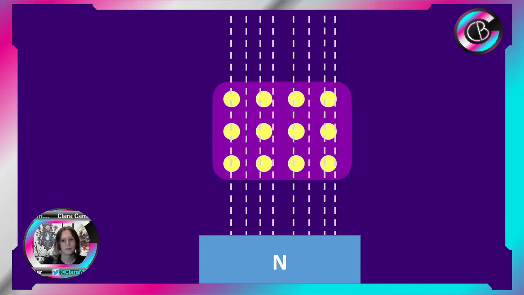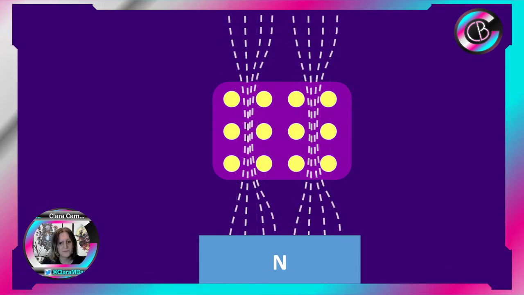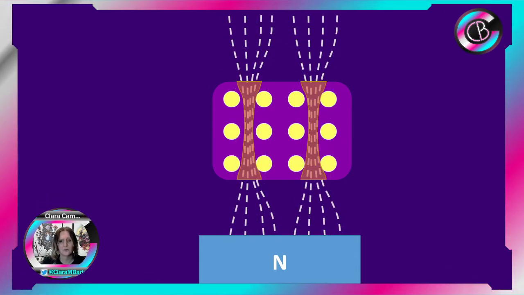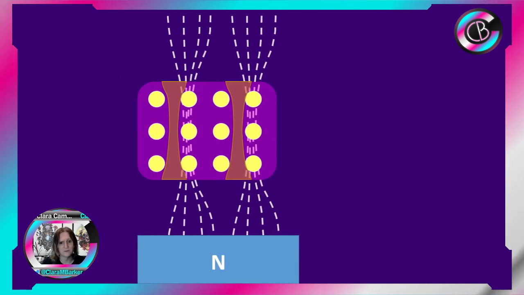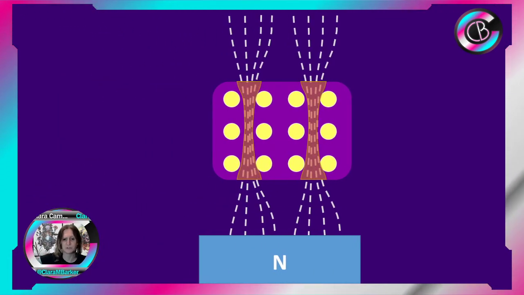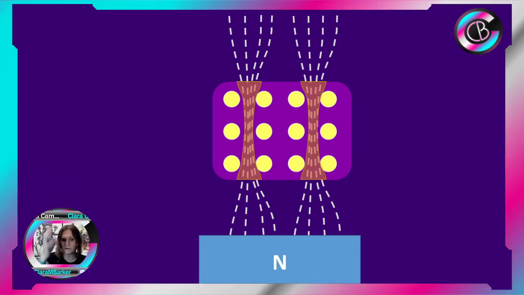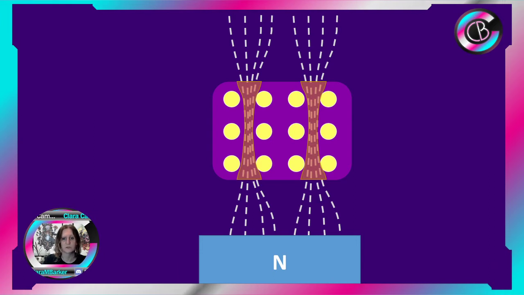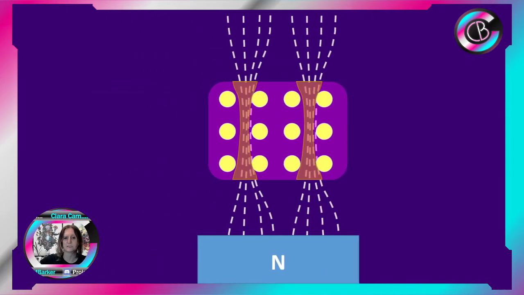Now if we move the magnet, the superconductor goes with it because it wants to snap to that position. It doesn't want the flux to pass through it in a different position. It'll just move and they'll stay in the same relative position to each other.